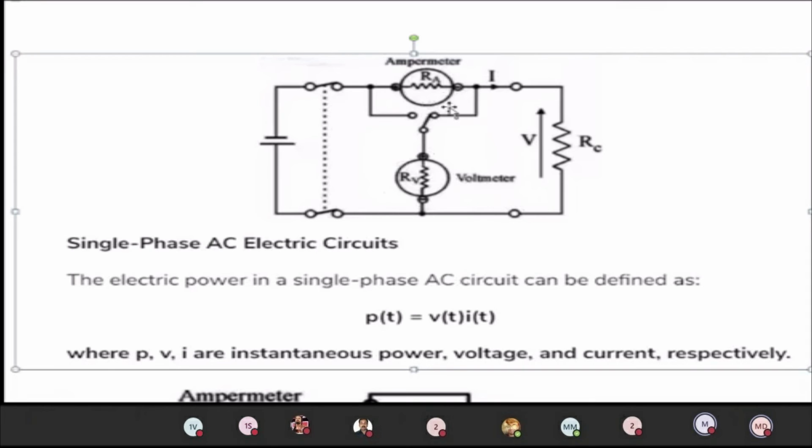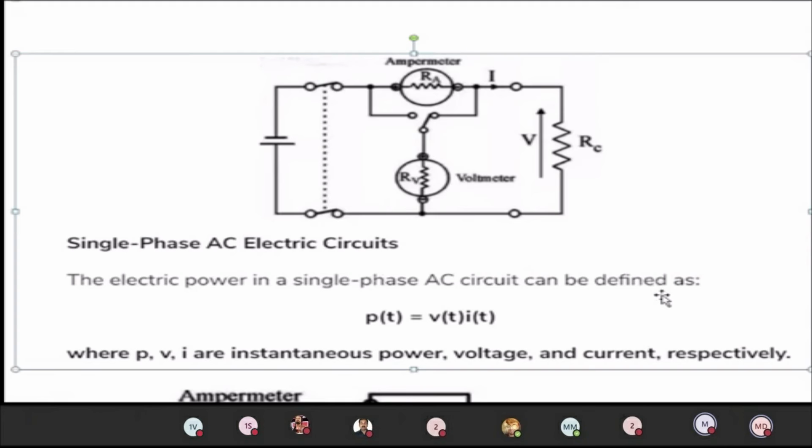Sorry, we have one voltmeter and one ammeter here. Here the ammeter has an internal resistance RA, and the voltmeter has an internal resistance RV, and RC will be acting as a load.